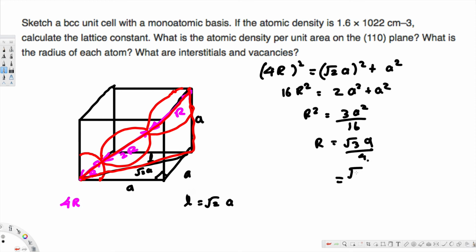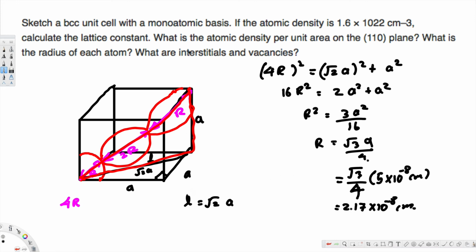Now square root of 3A divided by 4 multiplied by the A value we previously calculated, that is 5 times 10 to the power of minus 8 centimeter, and if you calculate this, that's going to give you the radius, that is 2.17 times 10 to the power of minus 8 centimeter. So that's going to be the radius.